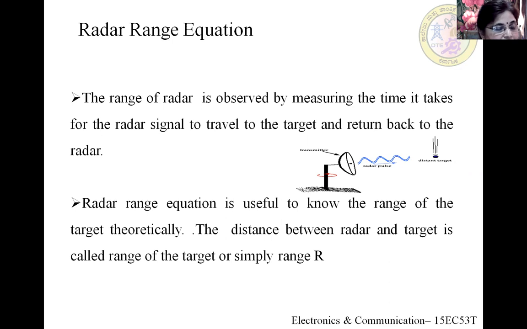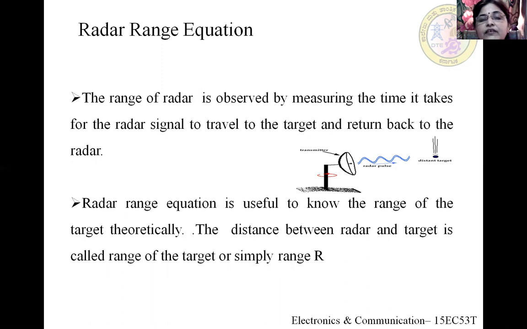The transmitter is capable of sending out a large UHF or microwave power through the antenna. The receiver collects as much energy as possible from the echoes reflected in its direction by the target and then processes and displays the information.